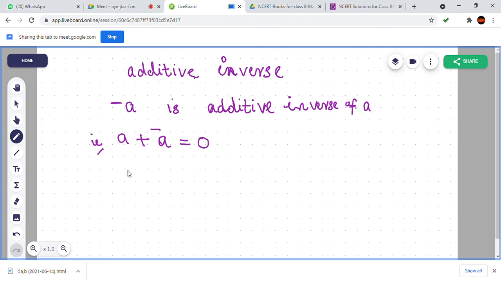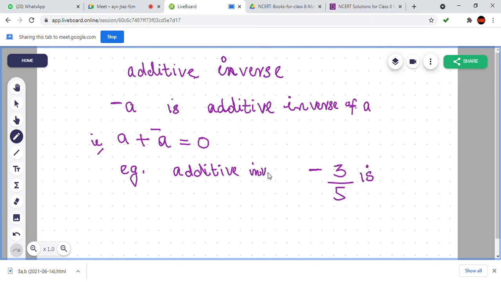Then you write as an example: the additive inverse of negative 3 by 5 is what?